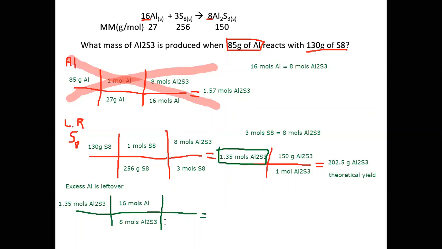Now we convert it to mass of aluminum. And this, again, will tell us how much aluminum was used. So we do this. And when you calculate how much is used, it should be less than how much you started with. If it's not, something is wrong.